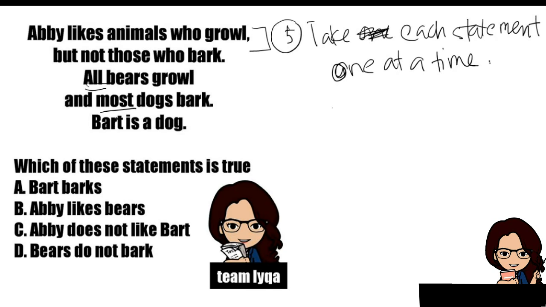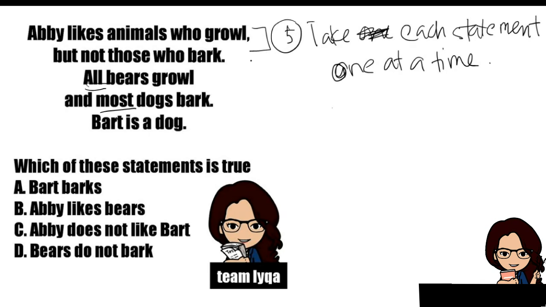Okay, ano ibig sabihin nun? Take each statement one at a time. Ibig sabihin, you have to understand one statement sa bawat drawing. Don't mind the others na kasunod agad. Ang titinan nyo lang is yung statement na nito-drawing nyo.